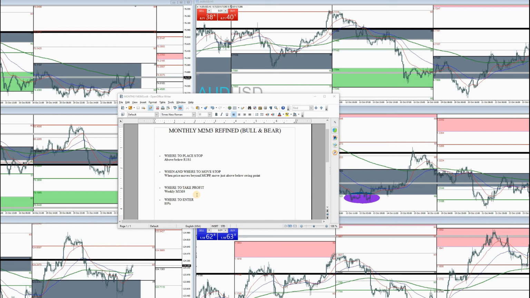So this is going to be the conservative weekly take profit zone. It's going to be the M1 or the M4. And I'm going to enter in at the 80% level. I like that level. I also noticed that if we do come up to test my stop around the R1, S1, if it comes up or comes down to that level, it usually continues right on through.